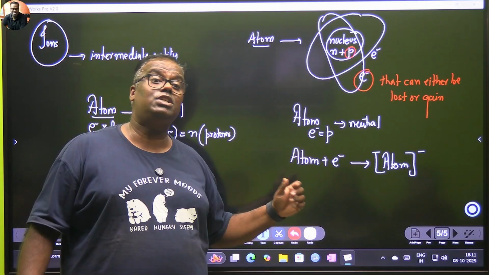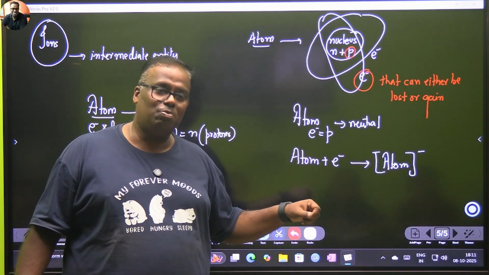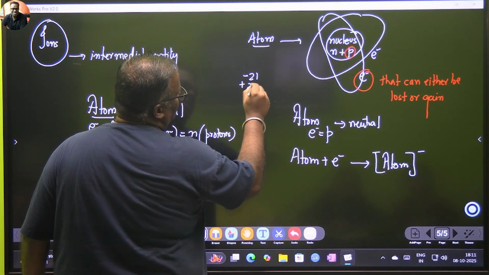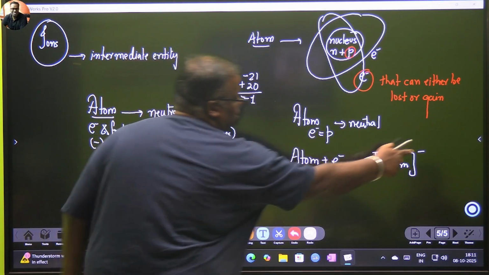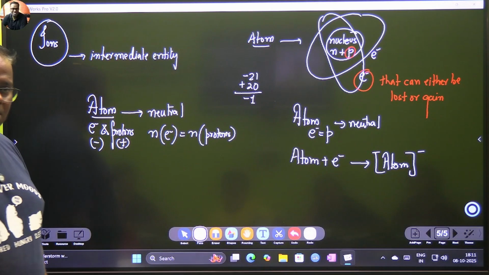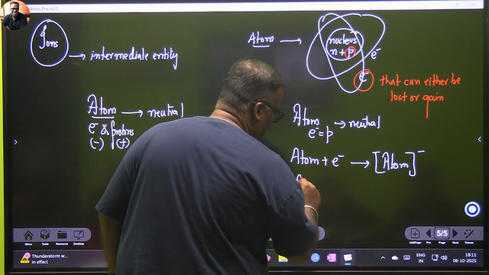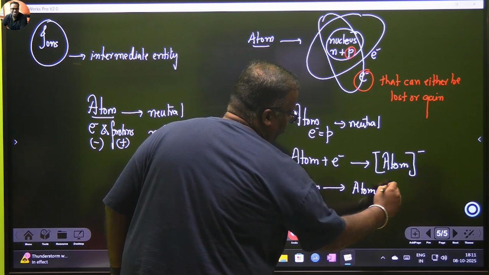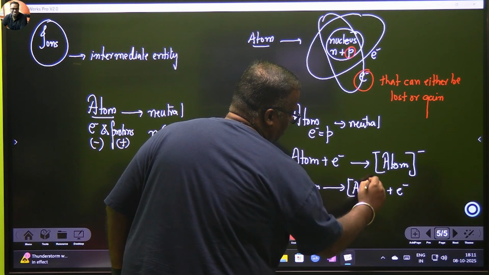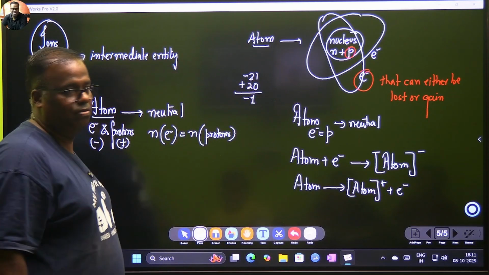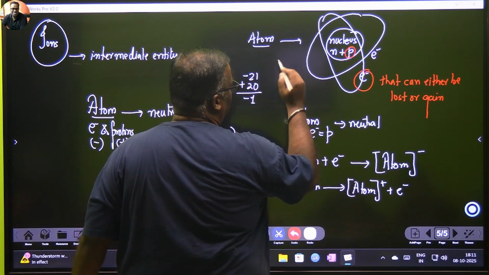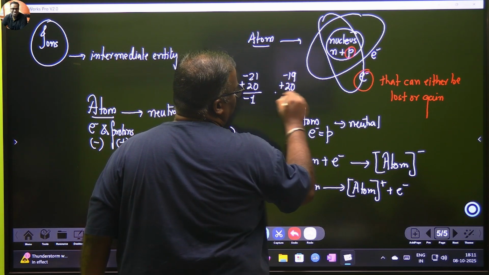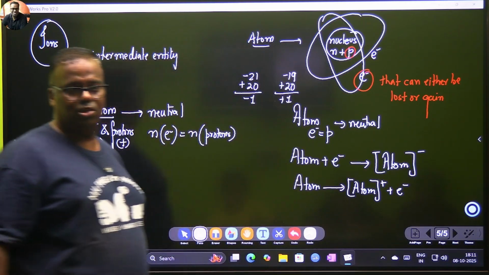Now I have 21 electrons and 20 protons. If you do the arithmetic, it is -1. Another way can be that I lose an electron. Now I become one positive. I have -19 and +20, so I'm +1. Did you understand this logic?